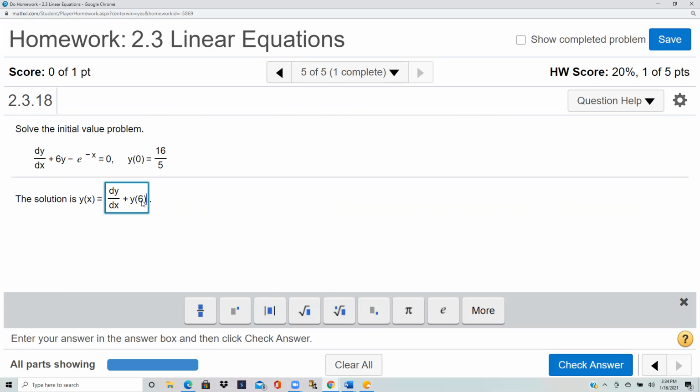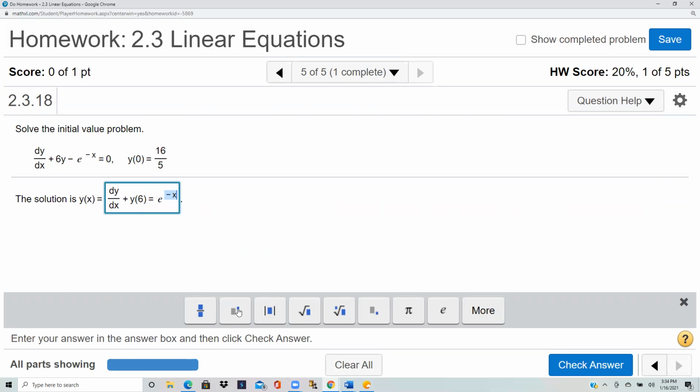So y times 6, and take the e to the negative x on the right side. So e power negative x.